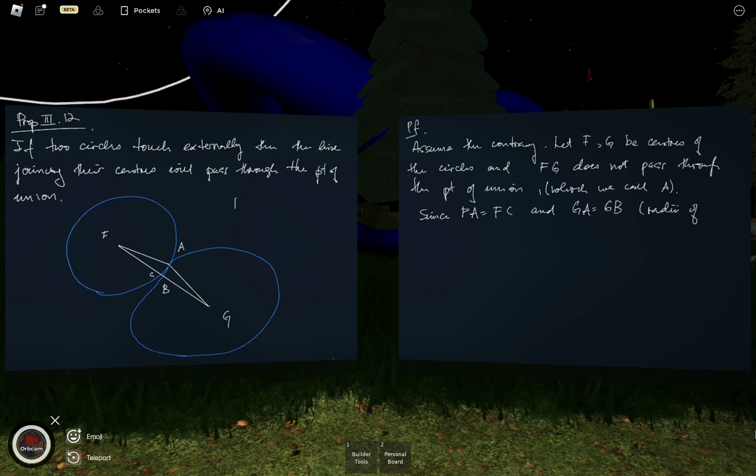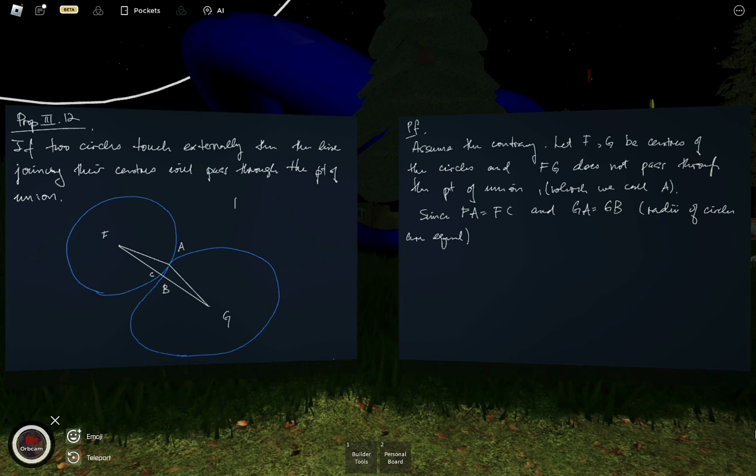So the radii of circles are equal. FA and FC are both radii of the circle with center F, and GA and GB are both radii of the circle with center G, right?